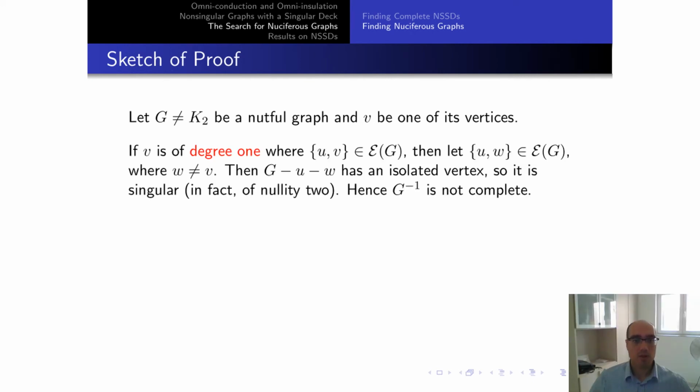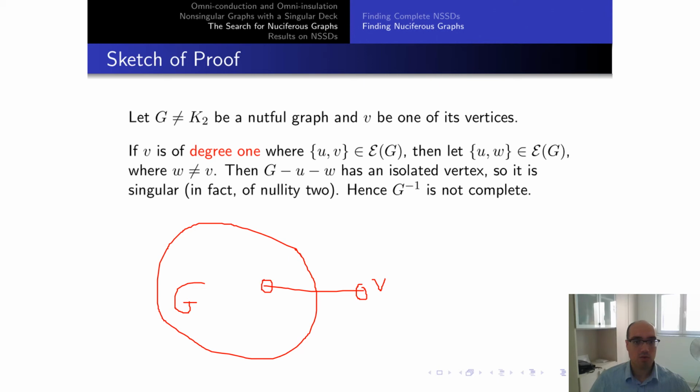First, suppose our graph has a vertex of degree 1. So suppose this is the graph G that has this vertex V here of degree 1. So it is connecting to only one other vertex U. Now, vertex U itself must connect to at least one other vertex. Let's call it W. And this is the case because otherwise G would be disconnected.